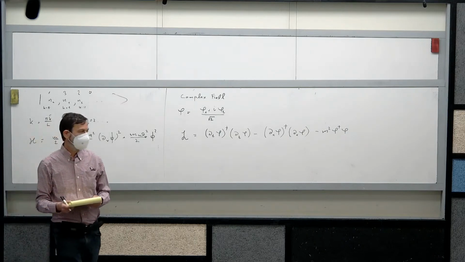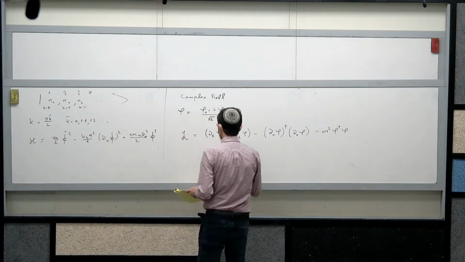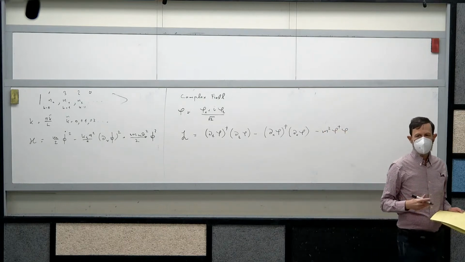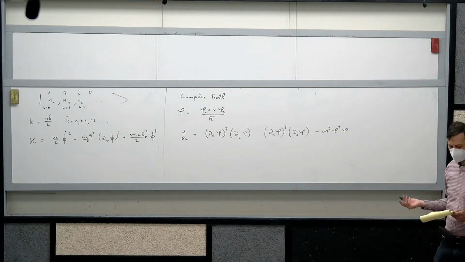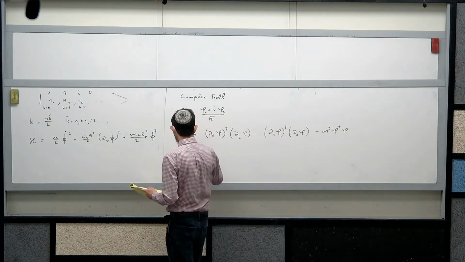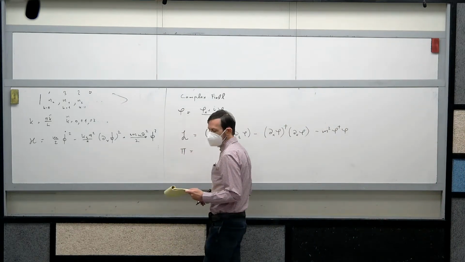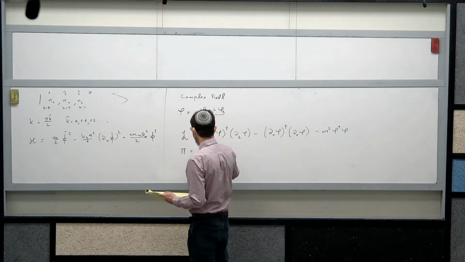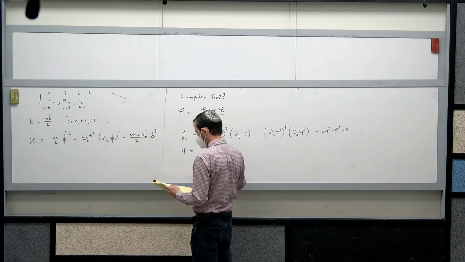Okay, to change it into a Hamiltonian, what do I do? The usual thing. I define the canonical variable conjugate to the field.